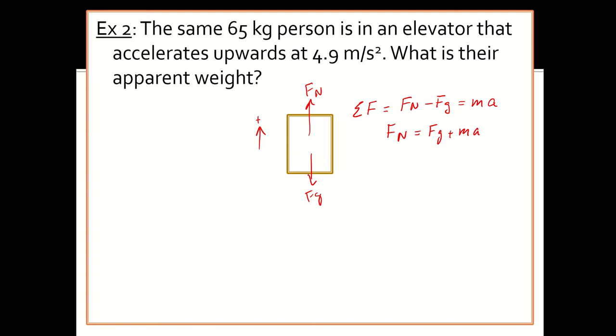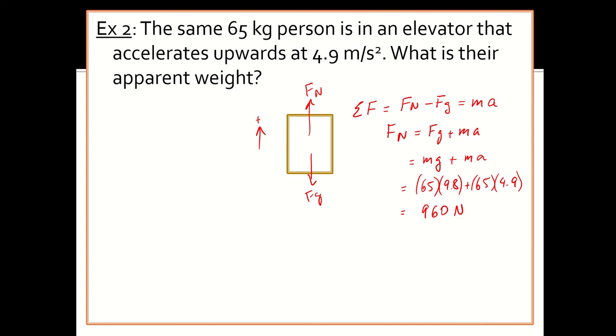So if you plug in the numbers, m times g plus m times a, our mass is 65, 9.8, 4.9. You will get 960 newtons.